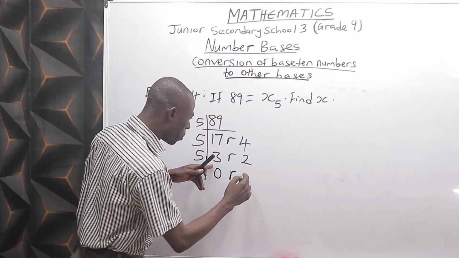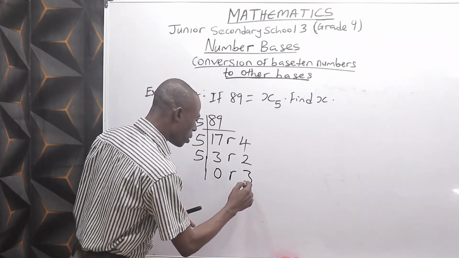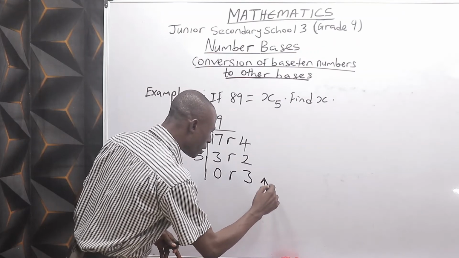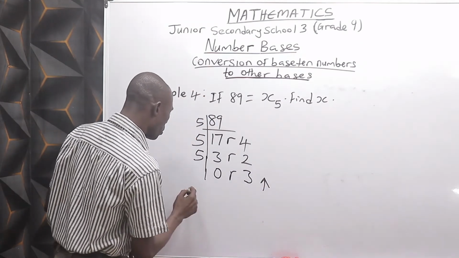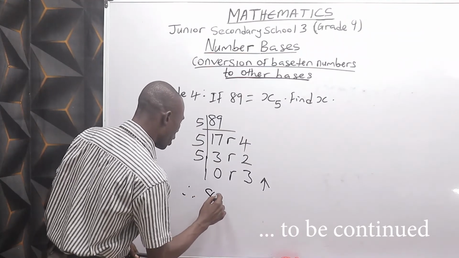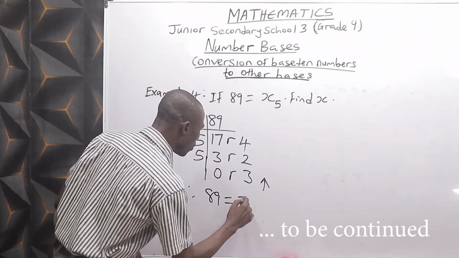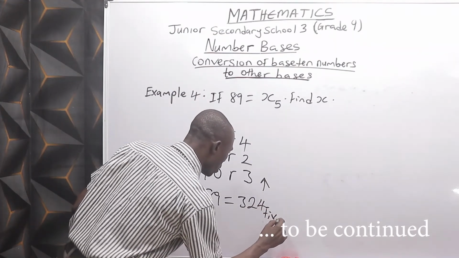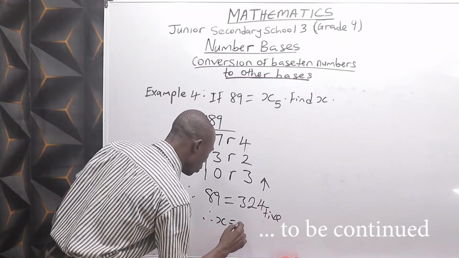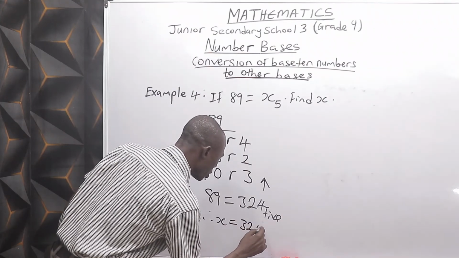The remainder, this same number, is repeated down here. So you put an arrow up from the bottom of the table, meaning that 89 is equal to 324 base 5. Therefore, x is equal to 324.